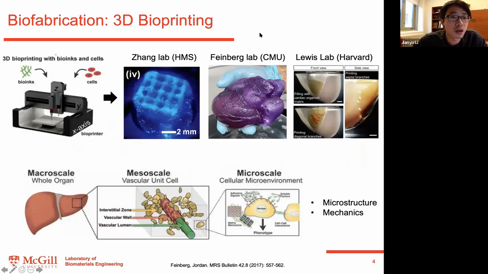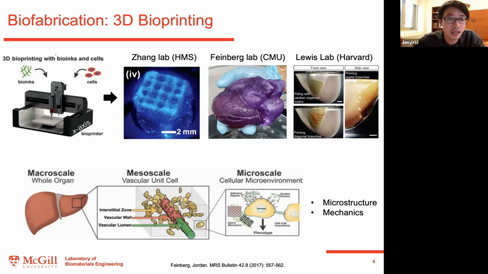Okay, so first, biofabrication. Bioprinting has enabled a lot of possibilities to create those artificial organs, right? Some very famous work is from Frank Zhang's lab at Harvard, and also Feinberg's lab and Jennifer Lewis' lab in the US. Nowadays we can fabricate nice scaffolds with defined structural, mechanical and biochemical properties to be used as artificial organs.